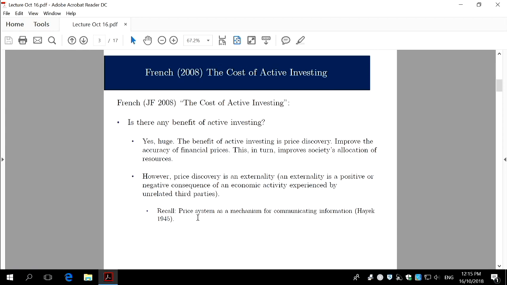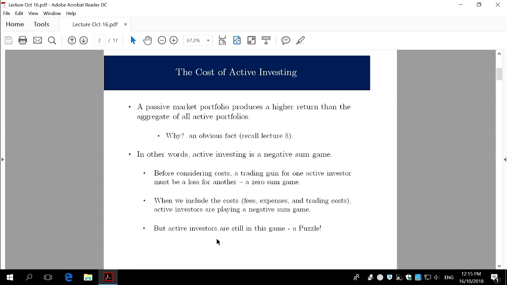And to make sure the price system does a good job communicating information, you need those active investors. But at the end of the day, this is a puzzle, because if those active investors realize that they are actually in a negative sum game, would they continue to do this active investing? Maybe they would not. They should not.